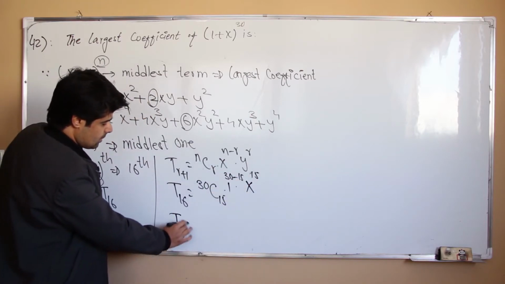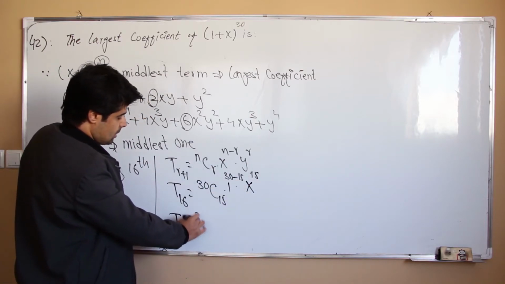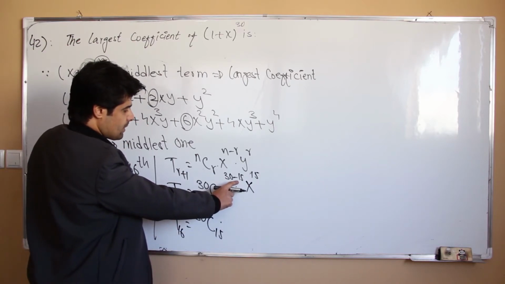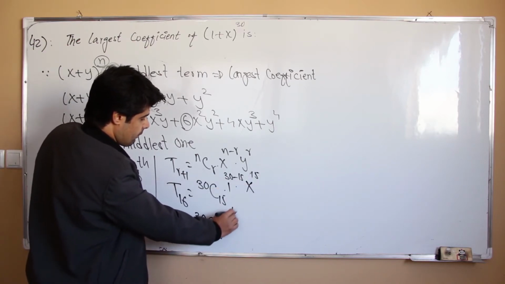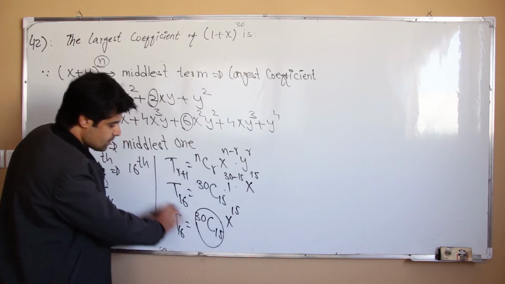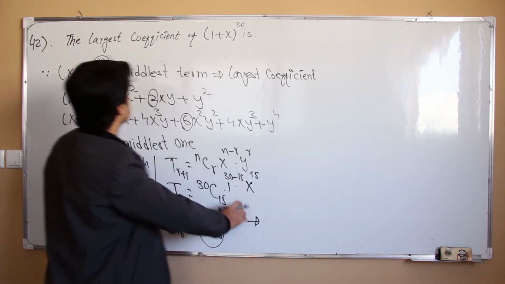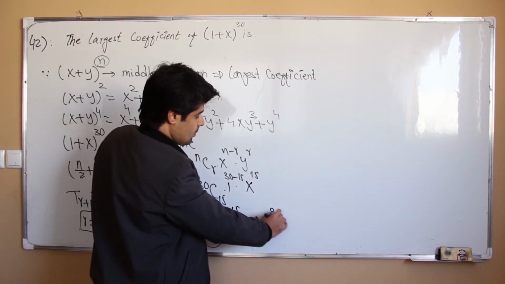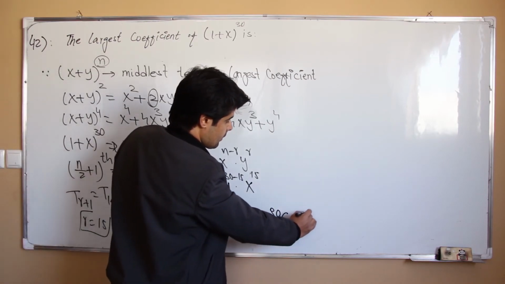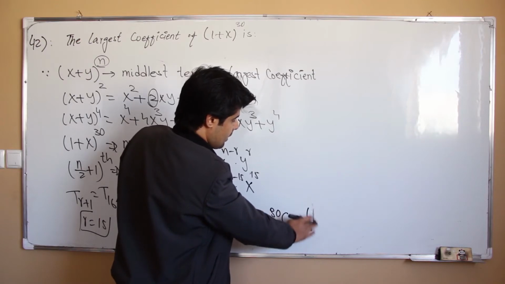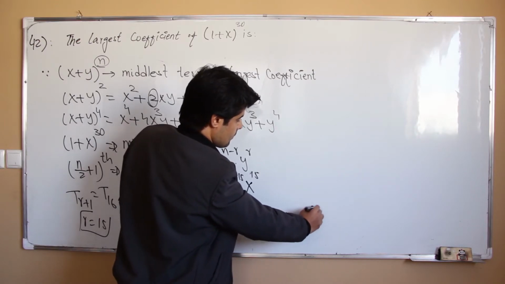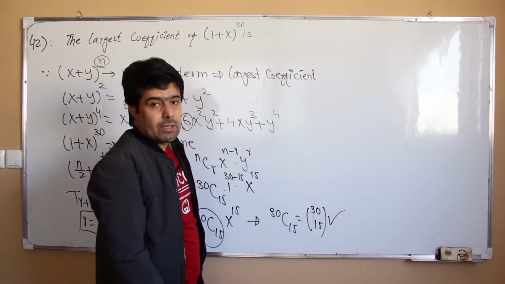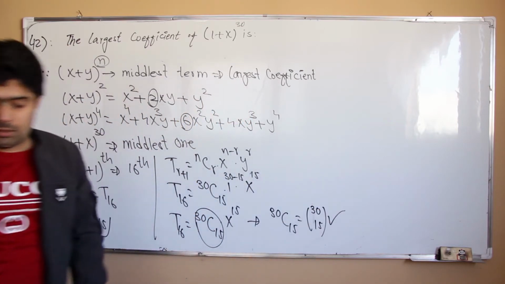Now T16 is 30C15, 1 raised to every power is 1, x to the power 15. The largest coefficient is 30C15, or we can write it as 30 by 15. This is our correct answer. Write it please.